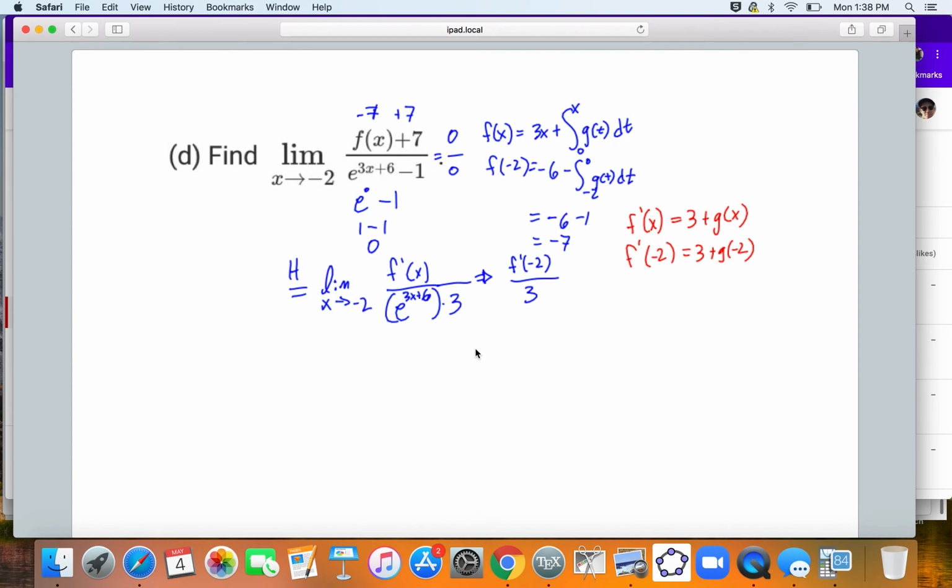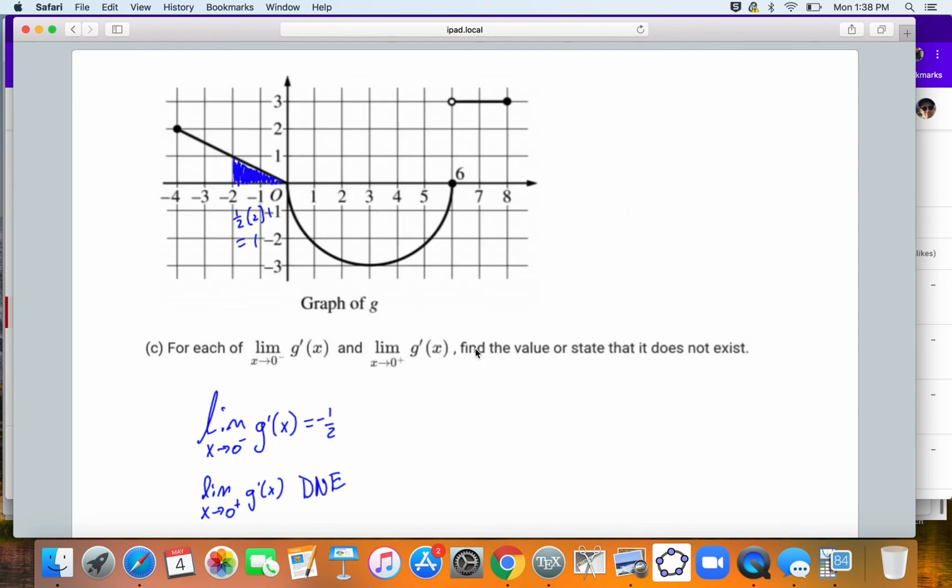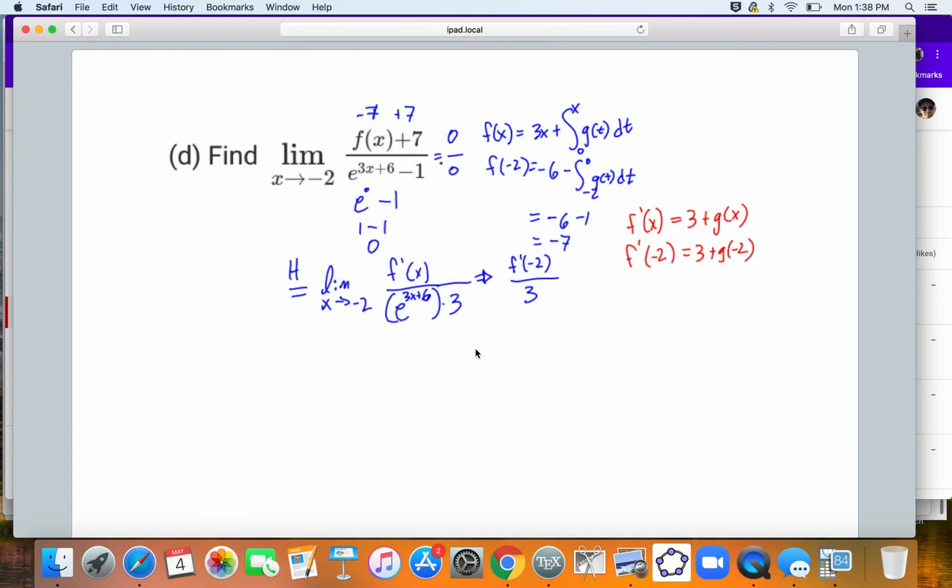And so for g at -2, we're just looking for the y value of g at -2, which is 1. So 3 plus 1, which is 4. And my final answer comes out to 4 over 3. Okay, folks, I hope it helps.